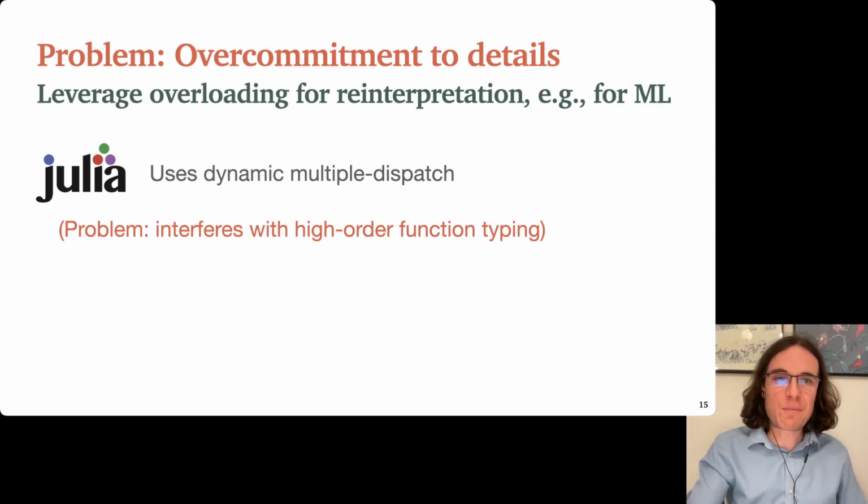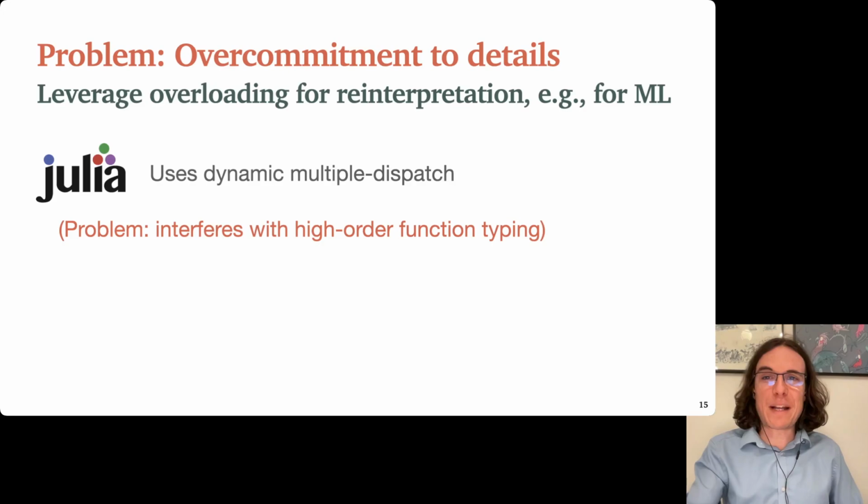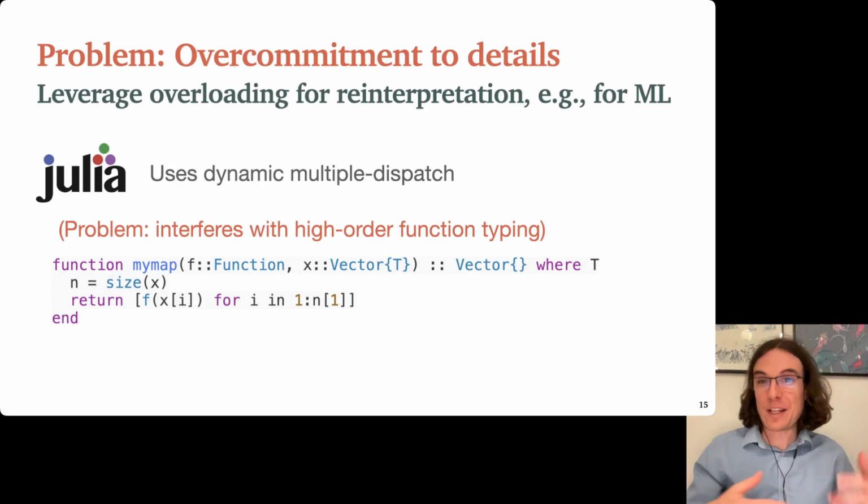But there are sometimes things about the multiple dispatch that make it a little bit tricky, and Julia does let you declare the types and leverage those in some way in the compilation. But because of the multiple dispatch, there's no parametric function type.